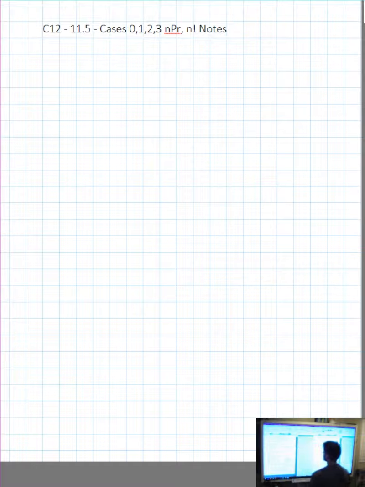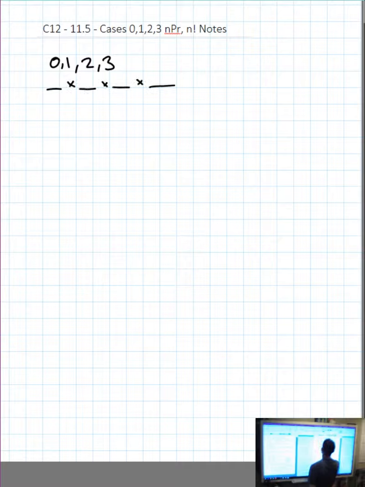Okay, moving on to cases. How many 4-digit numbers can we make from the digits 0, 1, 2, 3 with no restrictions? So, how many 4-digit numbers? Blank times blank times blank times blank. And the first digit, well, I can't choose 0.